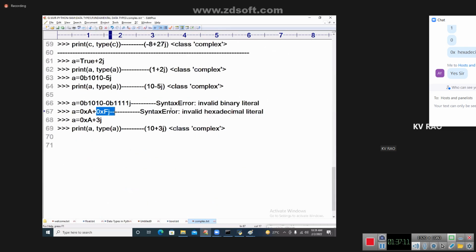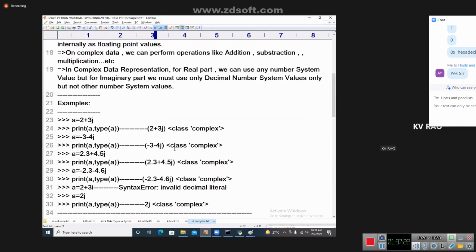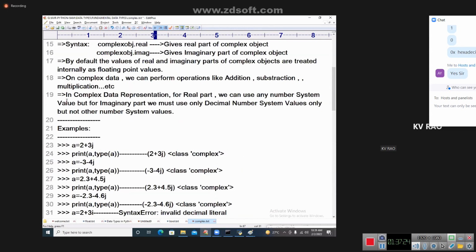See, 0fj syntax, it is called, here it is allowed, 3j allowed. Here you are using 0b etc., invalid you are using it. So this is also, because these FAQs are very, very important.